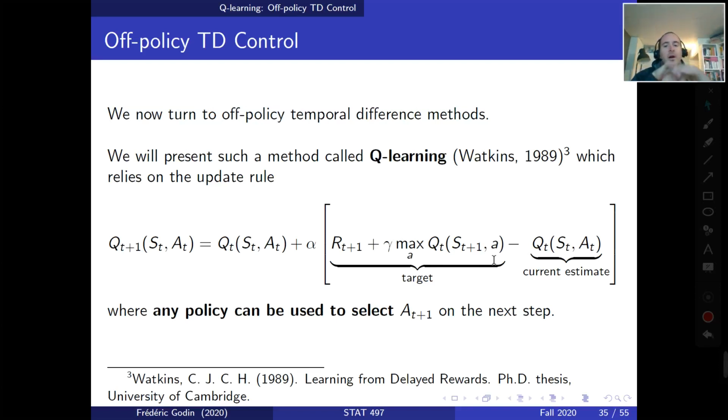Here we see that this update rule does not involve A_{t+1}. So whatever action A_{t+1} you select in your episode, your updates will not depend on it. This means that your updates won't depend on your behavior policy.